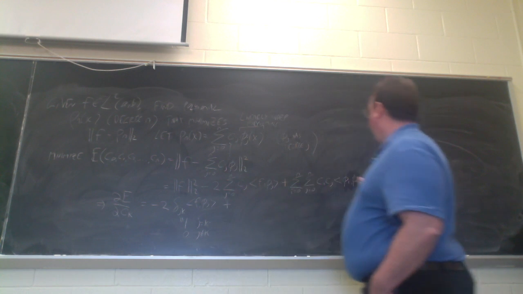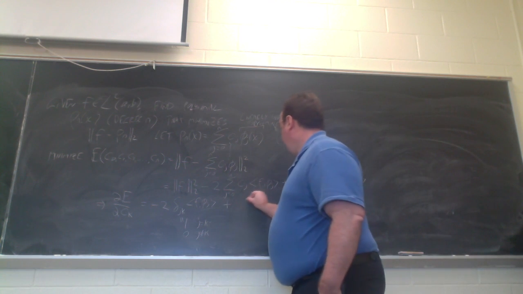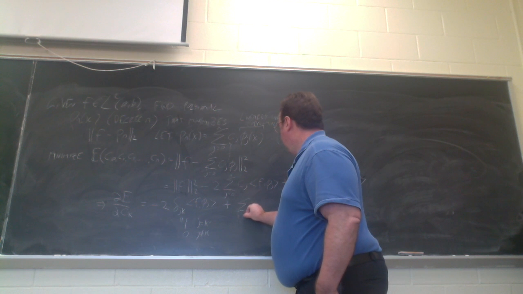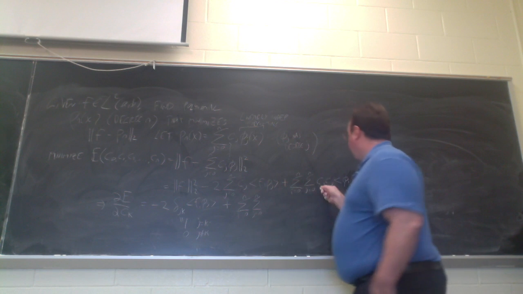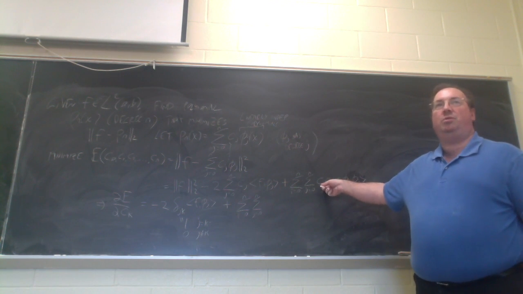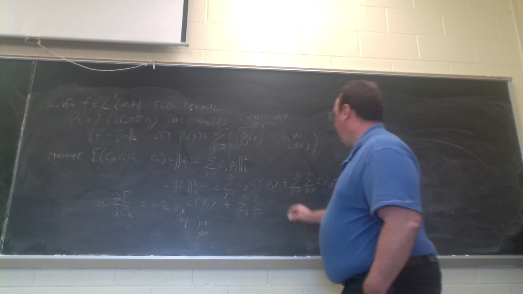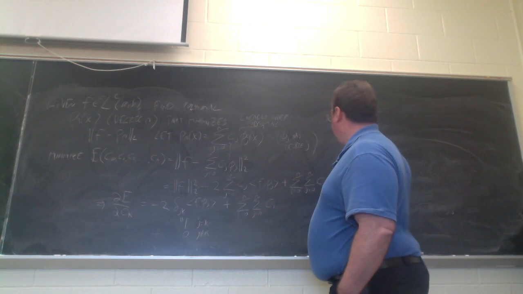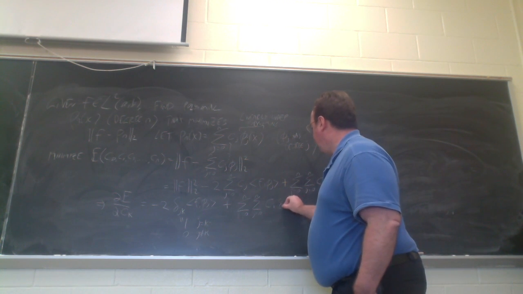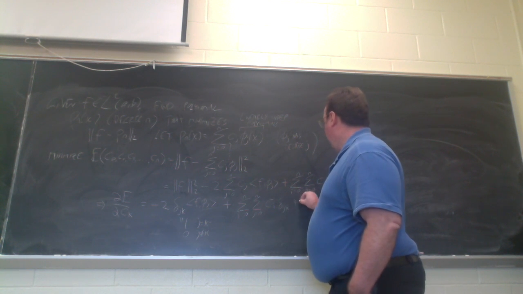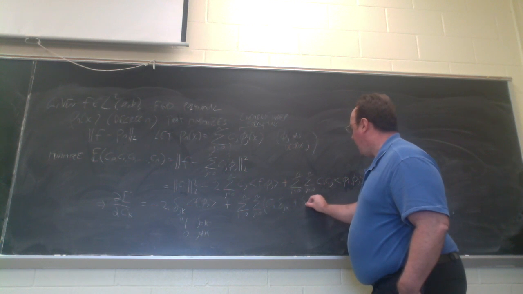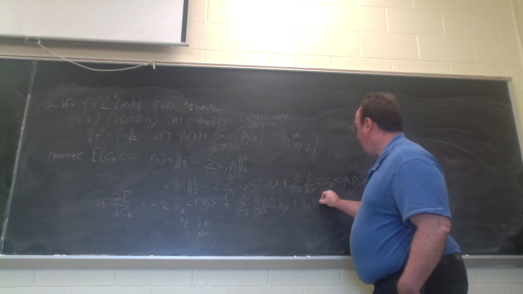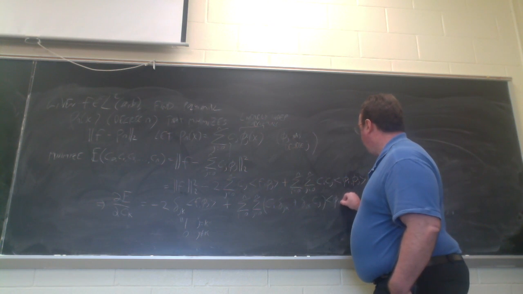And then over to this part, now when I differentiate this, that's going to be a product rule. So I'm going to have Ci times the derivative of Cj, so that's delta jk, plus Cj delta ik, and then inner product of phi i with phi j.